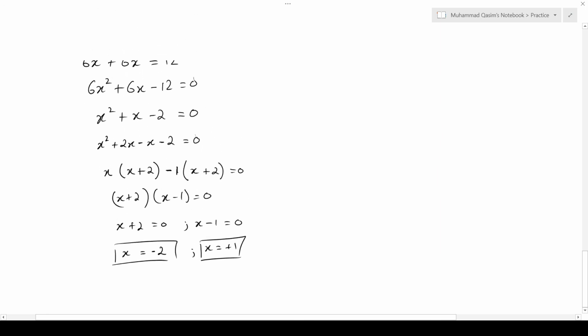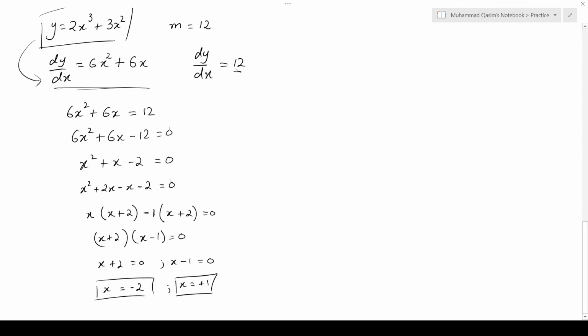So there we are. This equation y equals 2x cubed plus 3x squared is going to have a gradient of 12 at x equals minus 2 and x equals 1. There is no need to draw a graph, but just to help you understand the question, this equation is a cubic equation, so roughly it is going to have this kind of sketch.